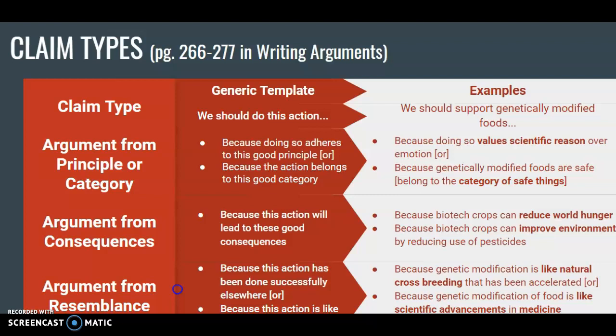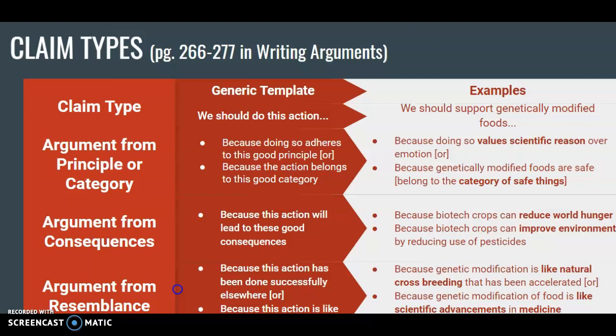With it, you have the argument from principle or category, argument from consequences, and argument from resemblance. So you can see the type of because reasons that each produces.